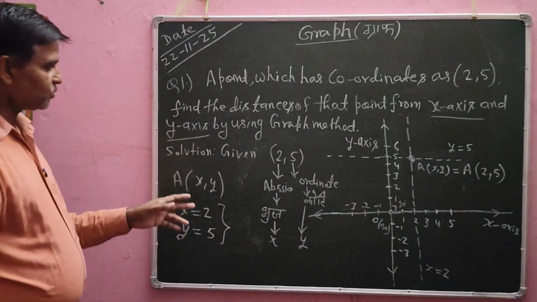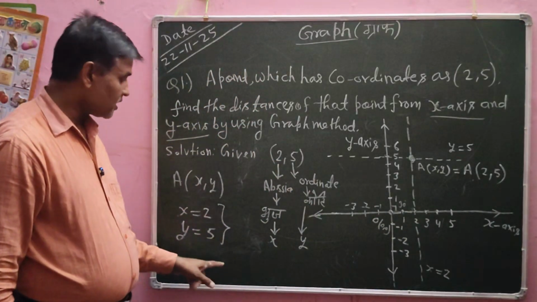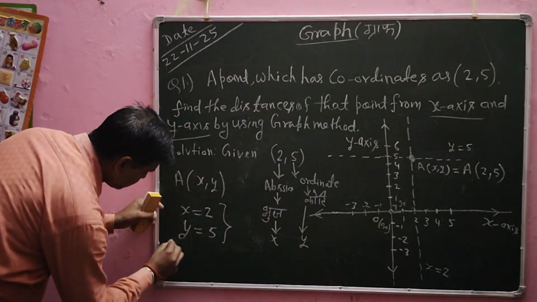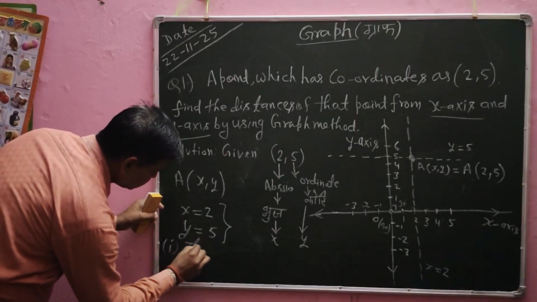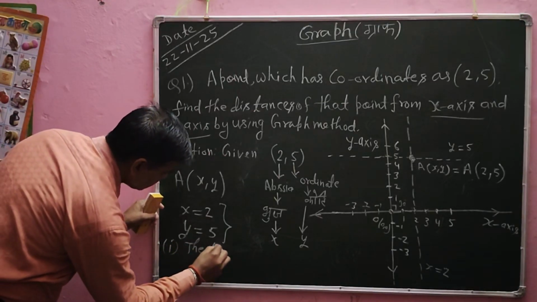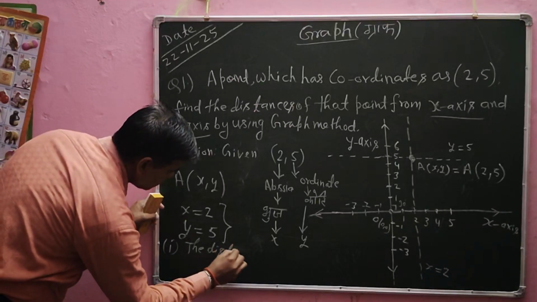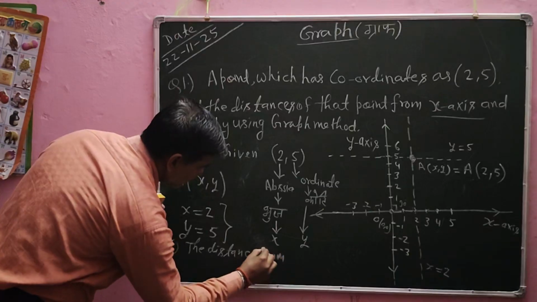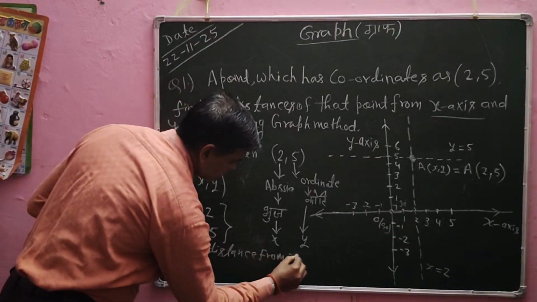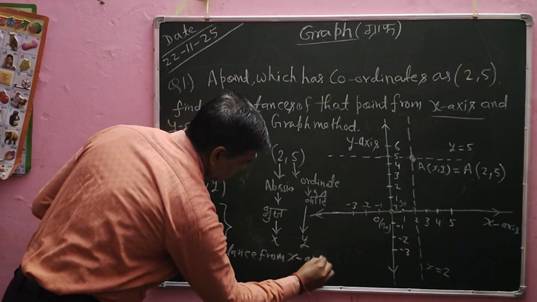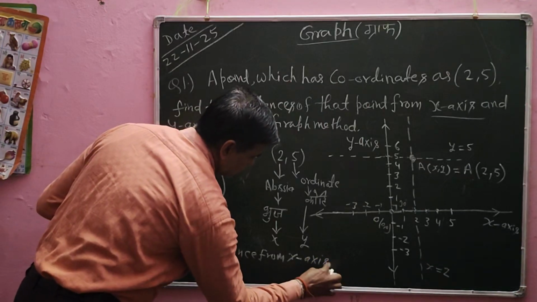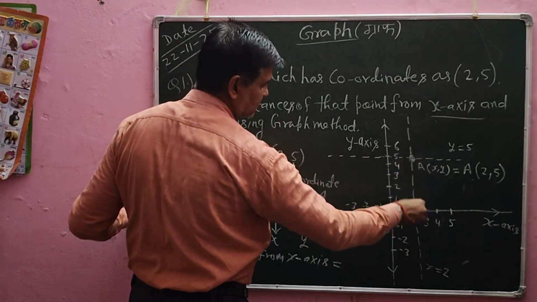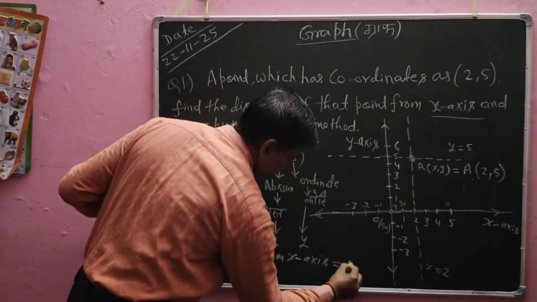Okay students, so I have to write the information as the distance from the x-axis. Here I will write point number 1, the distance from the x-axis, that is 5.